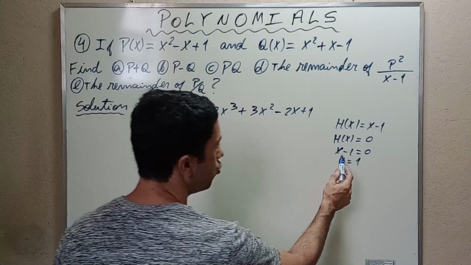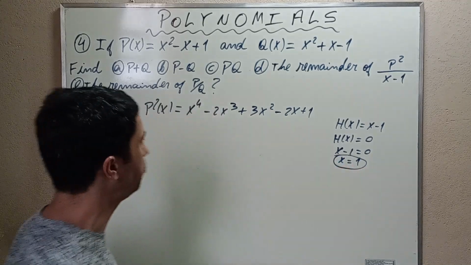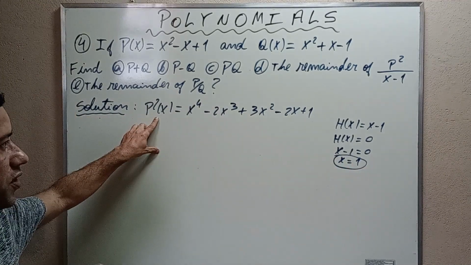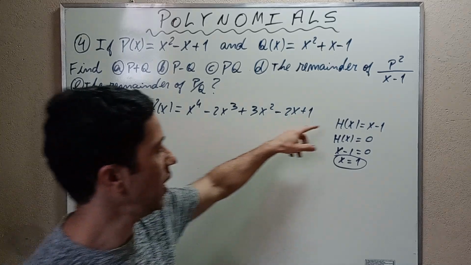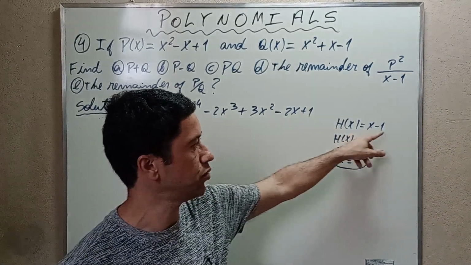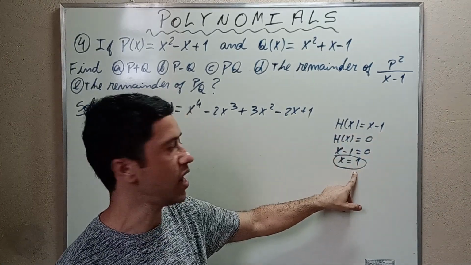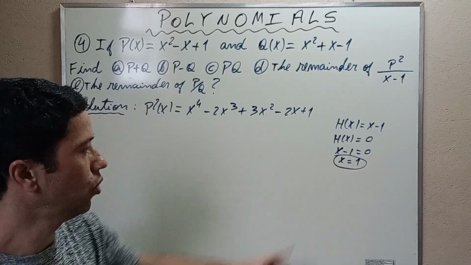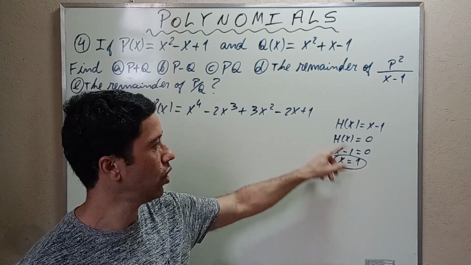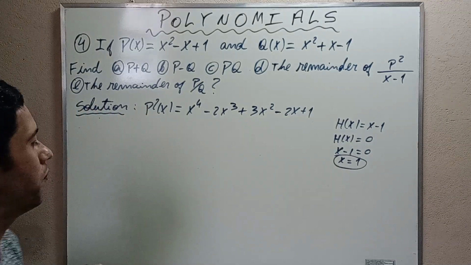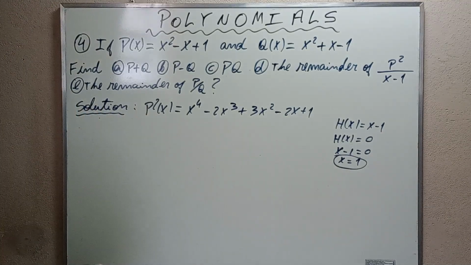This is the root, but if p squared of x is divisible by h of x equal to x minus 1, they share this root. 1 is a common root of this and this polynomial.